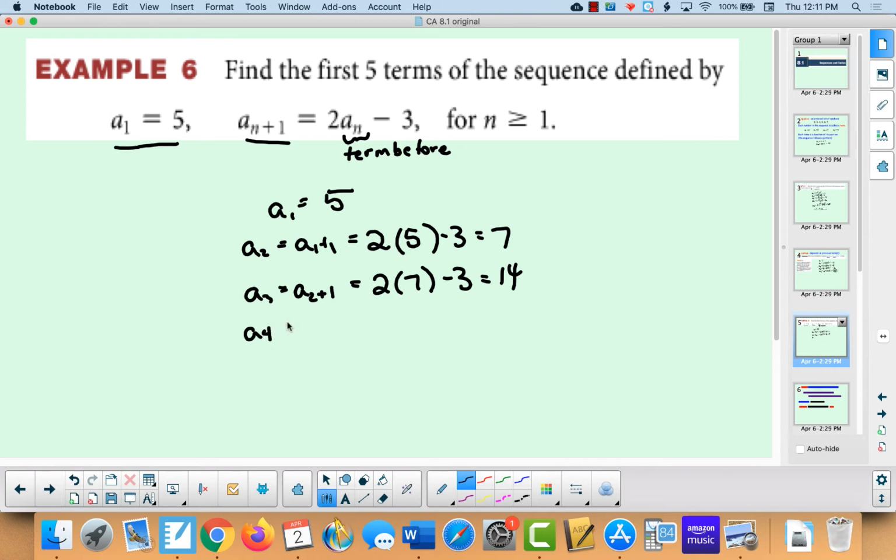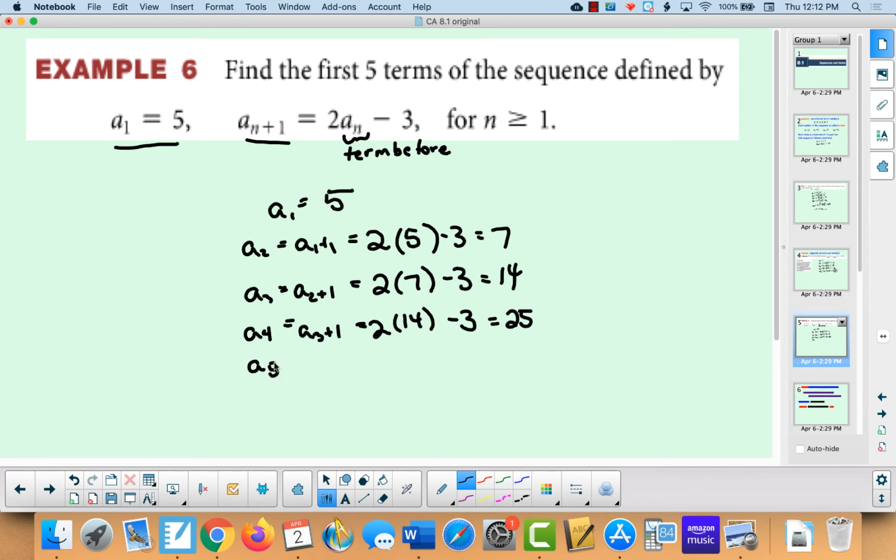A sub 4 is a sub 3 plus 1. And so a sub 3 was 14, so we have 2 times 14 minus 3. This is 28 minus 3 is 25.